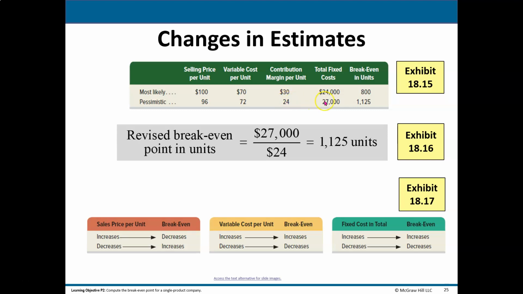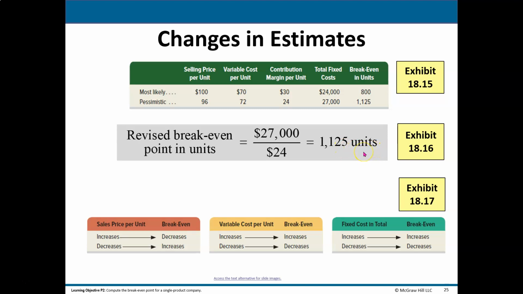Now let's say that our total fixed costs increased to $27,000 for whatever reason. Under this scenario, I would need to sell 1,125 footballs in order to break even. And we see this revised break-even point formula here: $27,000 fixed costs divided by $24 contribution margin per unit leaves me with sales I need to get of 1,125.